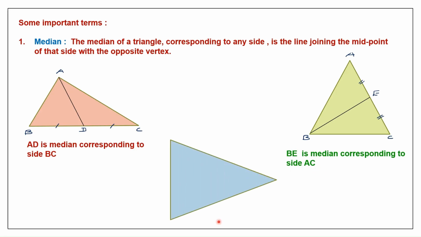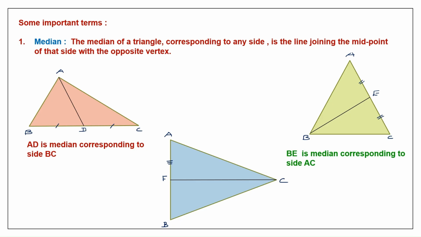Let's take one more triangle. Here again, we have triangle ABC, and let's take the midpoint of line AB. So it will be in the middle. The line that you draw from the midpoint to the opposite vertex, which is C, will be the median. Let's name this midpoint as point F. The midpoint F has divided the line AB into two equal parts.